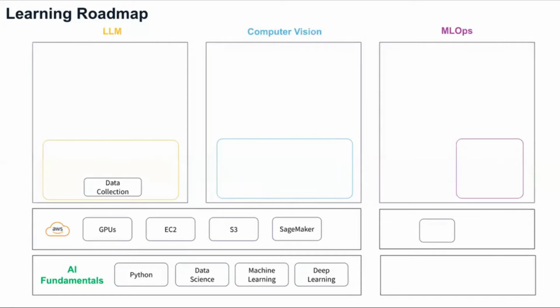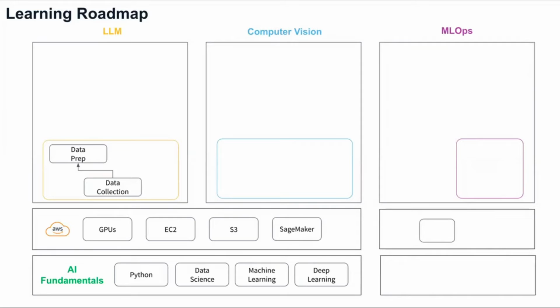To learn LLM, I think this yellow box here is everything about data. If you want to get a decent job, people care a lot about your data handling capability. Do you know how to do web scraping, collect data, annotate and label data? Do you know how to prepare data for instruction tuning or pre-training large language models?